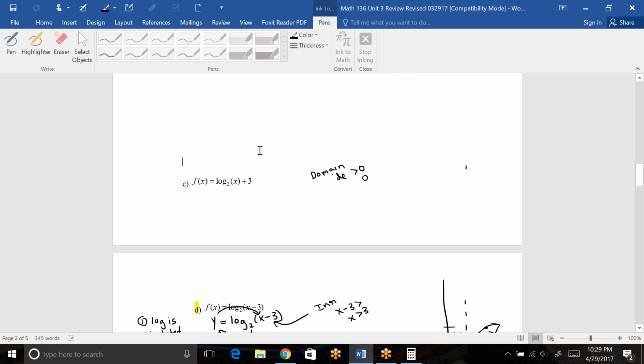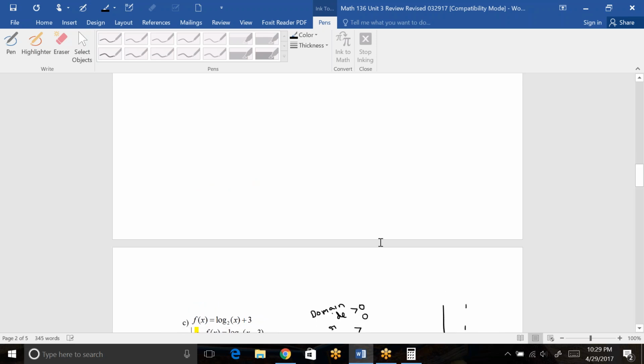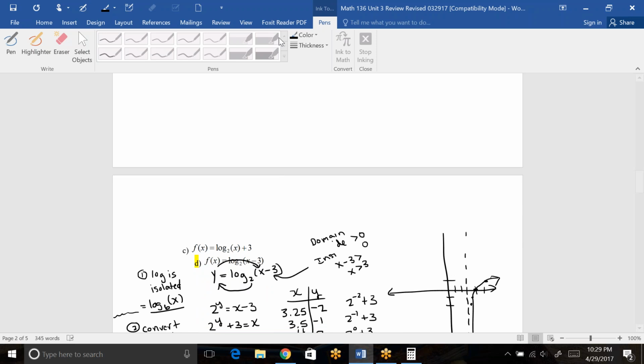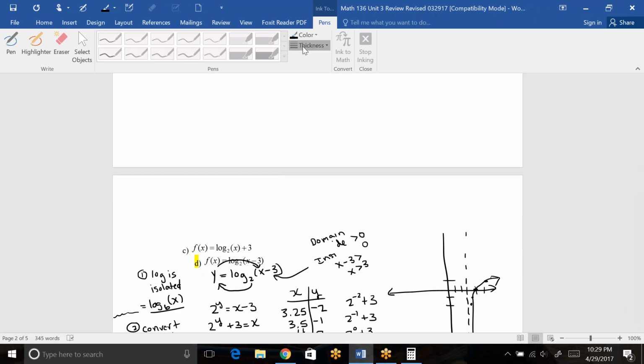Sometimes computers don't like when you do things. All right, so let me move this down. I'm going to make sure that all the ink is there because remember, I'm going to post this later and we don't want to lose any of our writing. So there was a dash here and that was an arrow, and that looks funny. The inside has to be greater than 0. Okay.